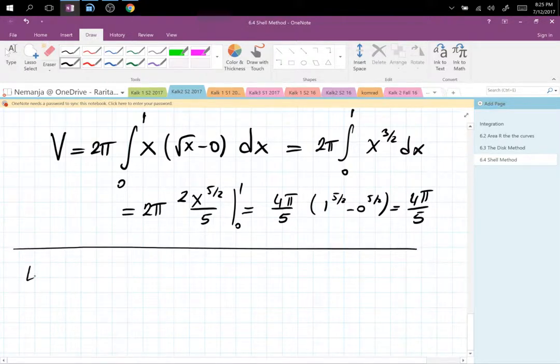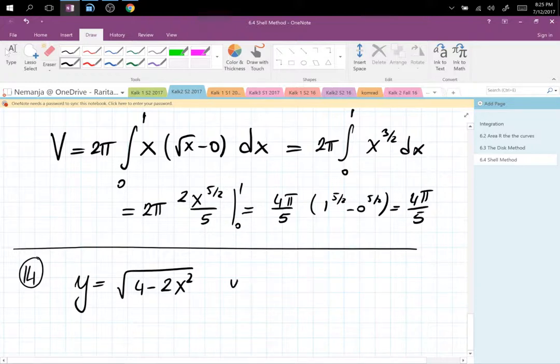Problem 14, nothing to worry about. It says y is equal to square root of 4 minus 2x squared, y equals 0, x equals 0. Rotation is on y. First quadrant.